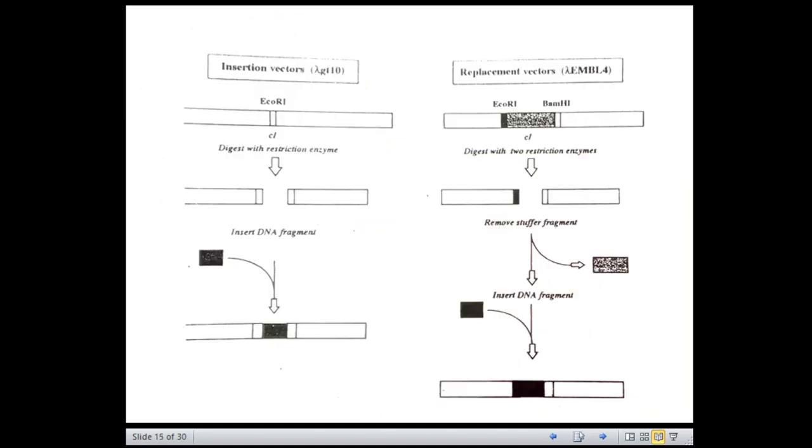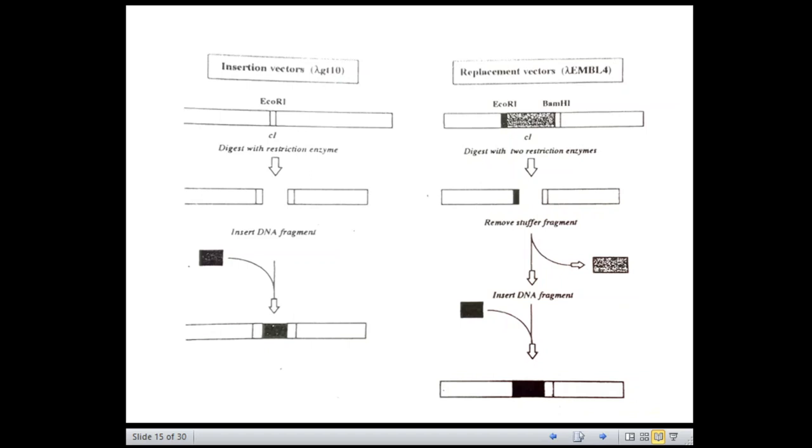If you just carefully look at this image, you will find two types of vectors: insertion cloning vectors and replacement cloning vectors. In general, two types of lambda phage vectors have been developed.